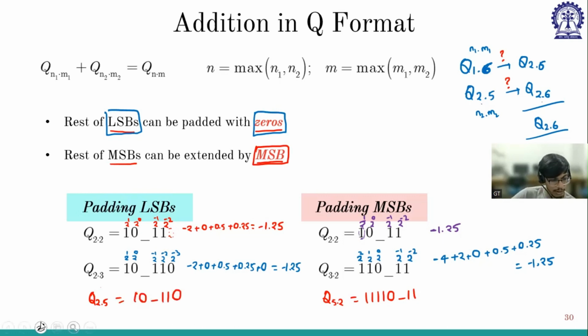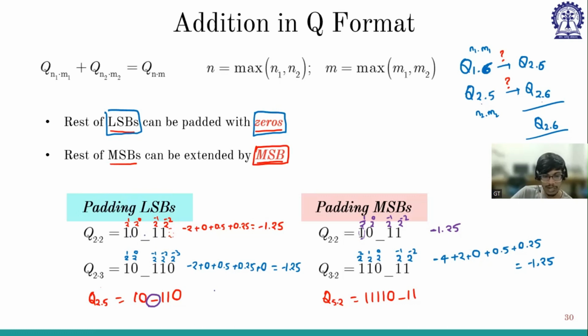Again, if you see, I am writing an underscore. You can write this underscore in Verilog code. This will not make any difference in the code, but it is for our representation, that this is a dot. Before the dot, it is 2 to the power 0, 2 to the power n. After the dot, it is 2 to the power minus 1, 2 to the power minus 2. So we are putting this as a virtual dot.